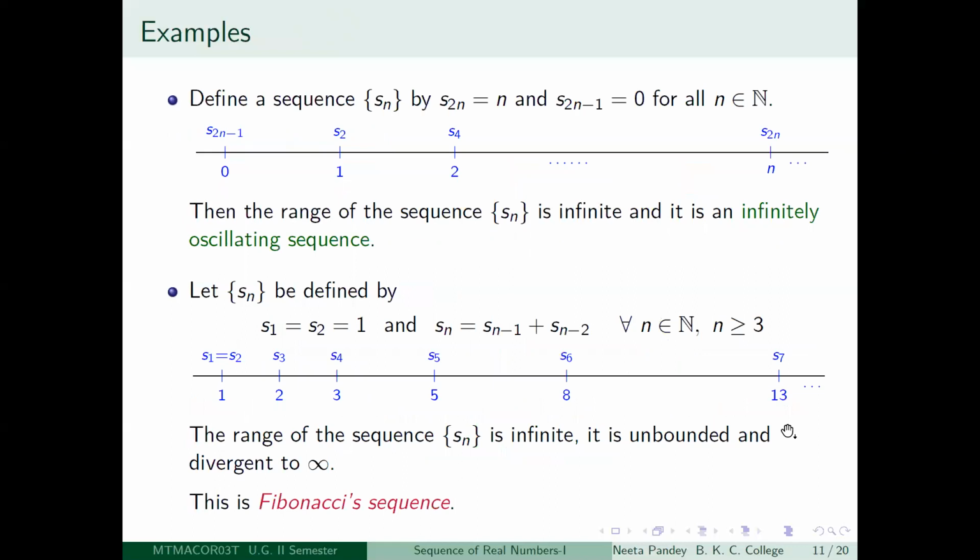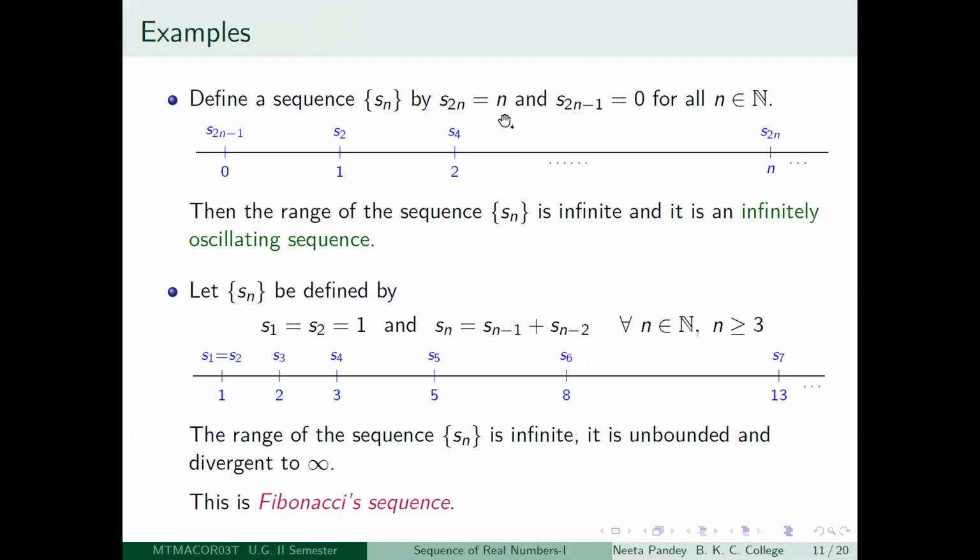Okay, so let us look at another example, which is given by S2n is equal to n and S2n minus 1 is equal to 0 for all n. So what is happening? What is S1? S1 is 0, then S2 is 1, S3 is 0, S4 is 2, S5 is 0, and so on.